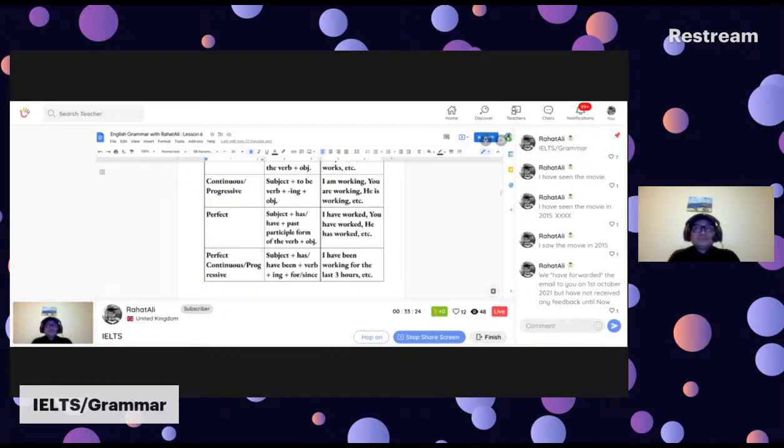It should be, "We forwarded the email to you on 1st of October 2021," but there should be a comma, though the person missed it. Remember that using punctuation is very important. And also capitalization. Do you know what capitalization is, guys? Uppercase, lowercase. The first rule of capitalization is that each and every sentence must start with a capital letter, regardless.